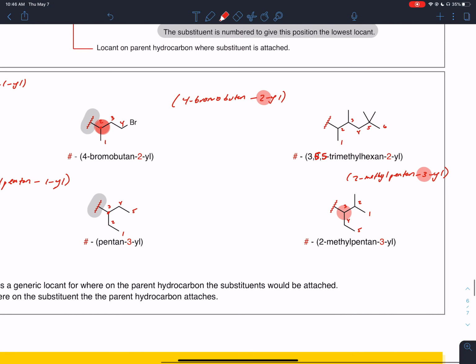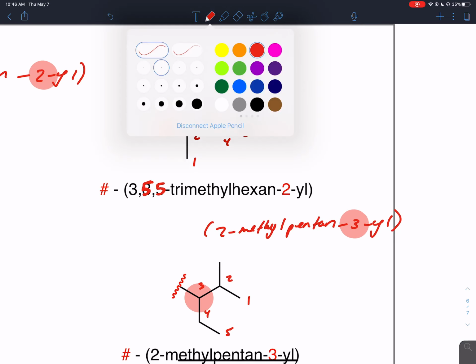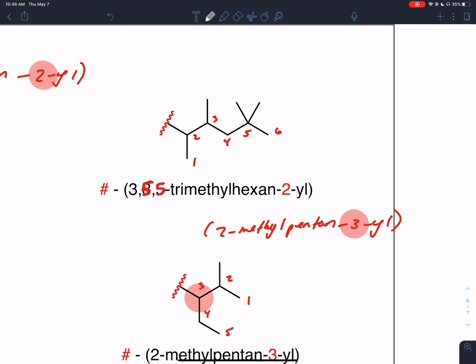Okay, so one last example, and then we're going to summarize this real quick, because I know this is a goofy topic. Here we have another complex substituent with multiple branches off of the longest chain of the complex substituent. So there's the longest continuous chain of our complex substituent. We number in this direction to give the overall lowest locant set to those substituents off of our complex substituent.